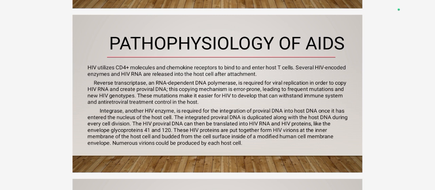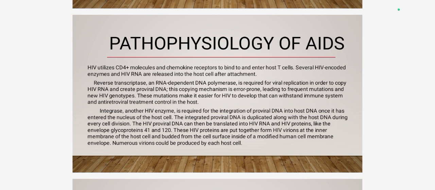The HIV proviral DNA can then be translated into HIV RNA and HIV proteins like the envelope glycoproteins 41 and 120. These HIV proteins are put together, form HIV virions at the inner membrane of the host cell, and bud from the cell surface inside of a modified human cell membrane envelope.